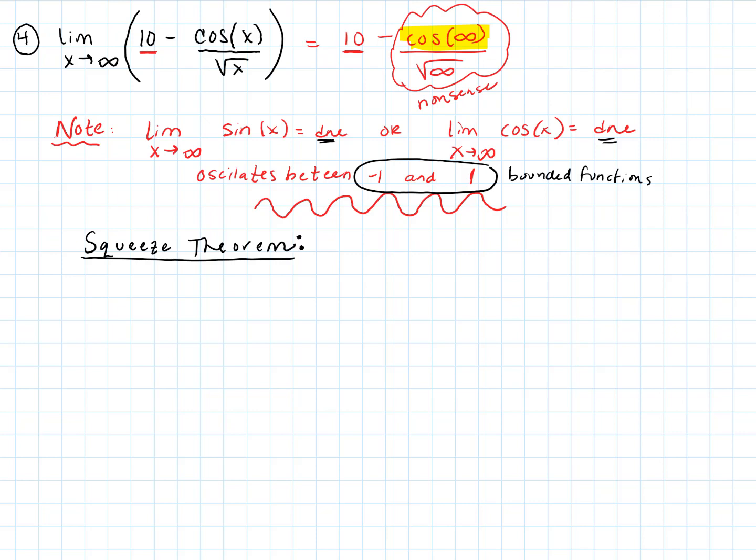In this case, it won't be approaching a single value. We'll be approaching infinity or growing without bound, but we can still utilize it. We're going to remember that the cosine of x is a bounded function. It is always between -1 and 1. Therefore, we can divide that entire expression by the square root of x.